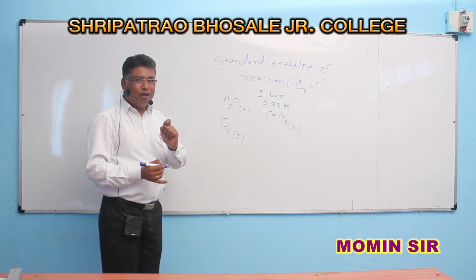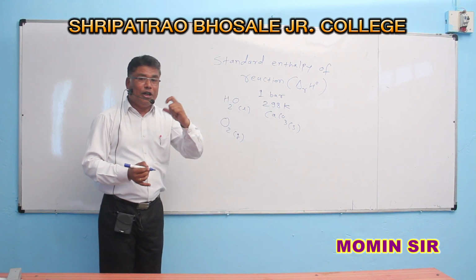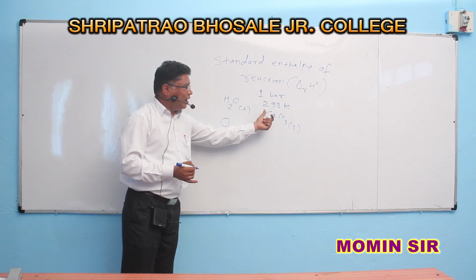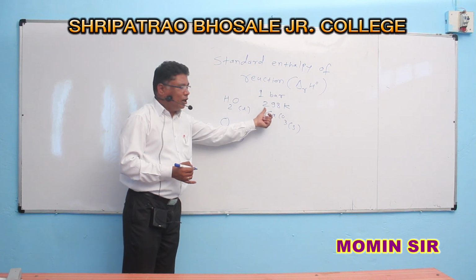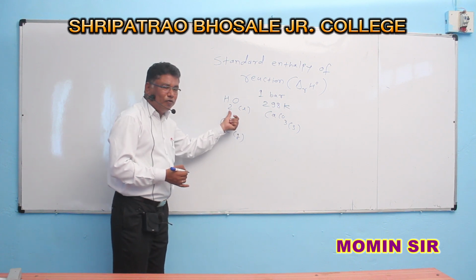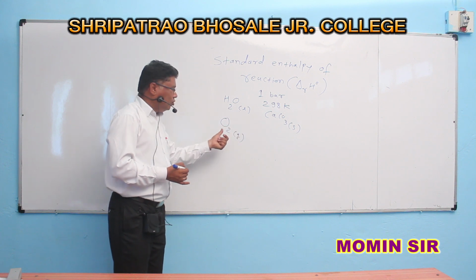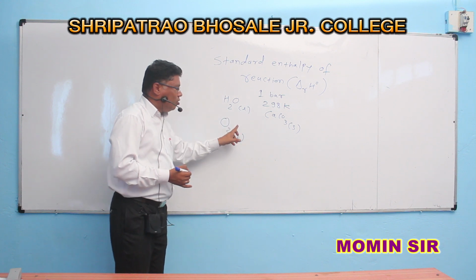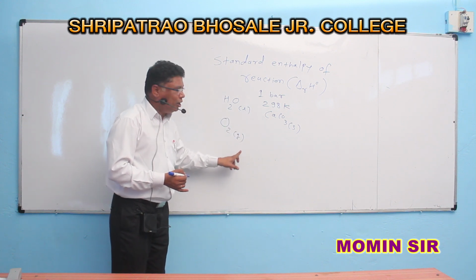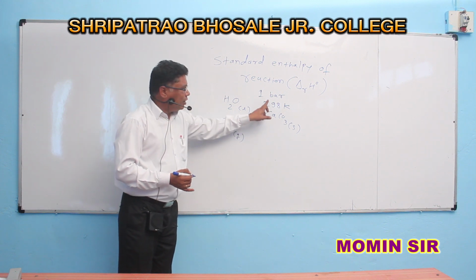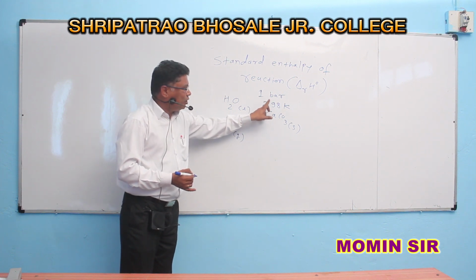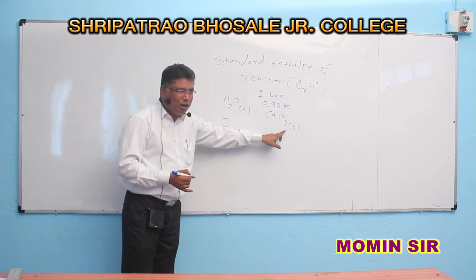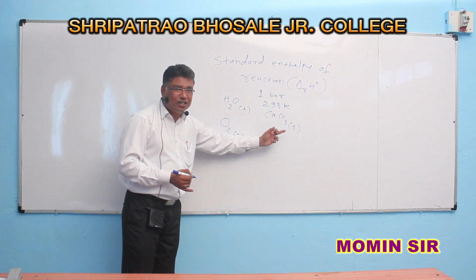When pressure is 1 bar and temperature is 298 Kelvin, water is in liquid state, so the standard state of water is liquid. At this pressure and temperature, oxygen is in gaseous state, its standard state. Calcium carbonate is a solid substance, which is its standard state.